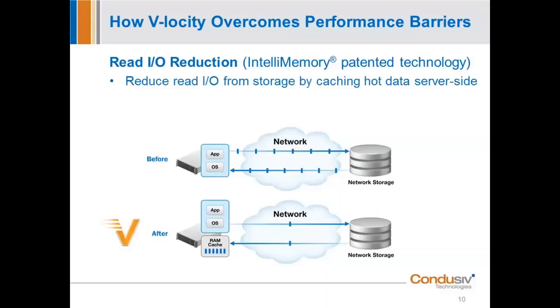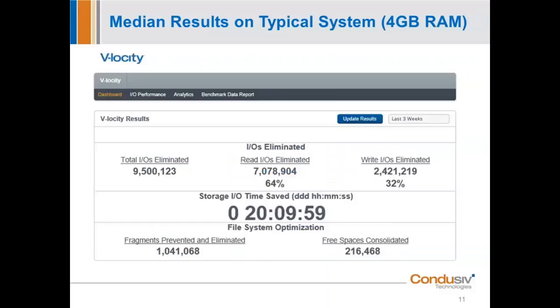So we talked about the dashboard that GQ and his team built, and this is just a screenshot of one of the examples. You can see here that it talks about the total IOs that have been eliminated, and then the read and the write IOs that have been eliminated out of that total, and what percentage of the read and write IOs have been eliminated since, let's say, the last 3 weeks here, as it shows.